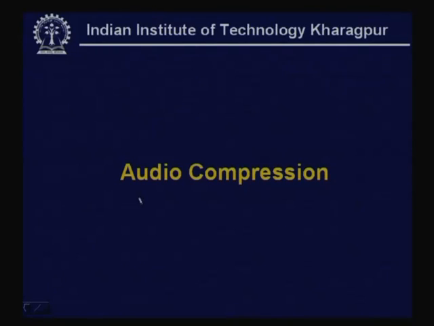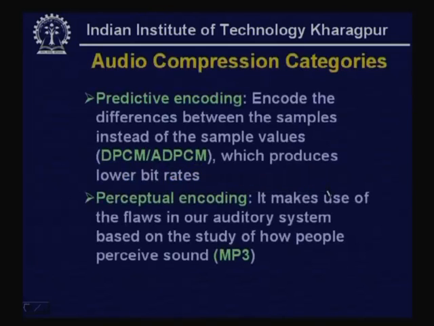First, I shall focus on audio compression. Audio compression techniques can be broadly divided into two types. One is known as predictive encoding, another is known as perceptual encoding. In predictive encoding, essentially the differences between the samples are encoded instead of the absolute sample values.